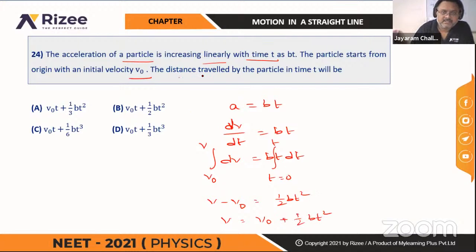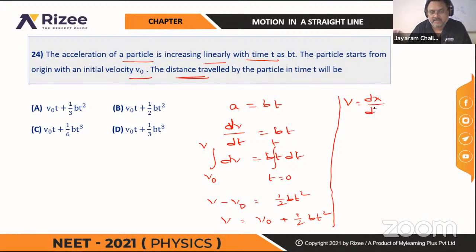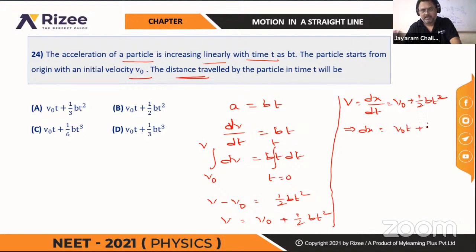But he is asking the distance traveled. So velocity can be written as dx by dt. v is equal to dx by dt is equal to v naught plus half b t square. Take the dt to the other side. So from here, dx is equal to v naught into t plus half b t square dt, and the x value is the integral of this.